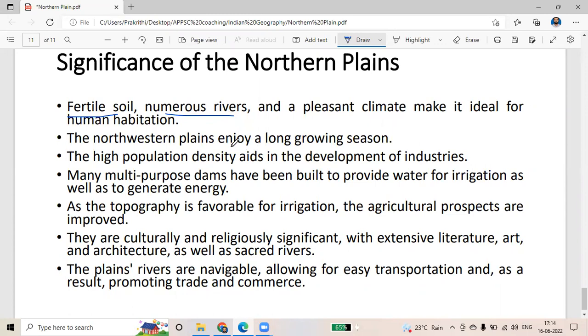So this area enjoys a long growing season. पानी भी enough मिलता है, fertile soil है, नदी से भी पानी मिलता है, तो we can continuously cultivate at that particular area. Another thing is that as the land is flat, construction can be easily possible.